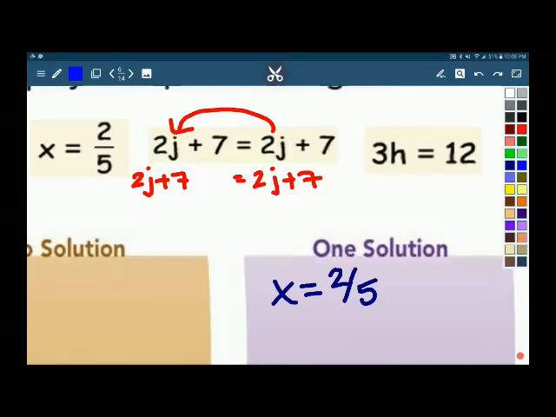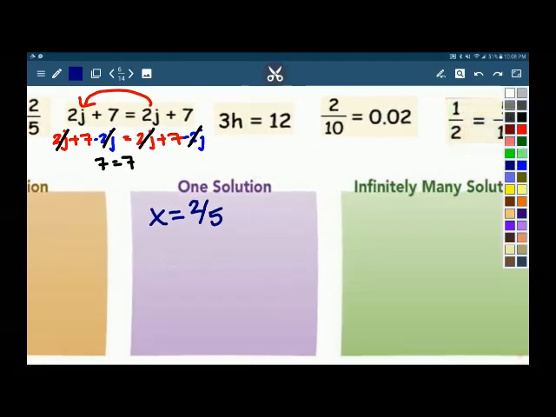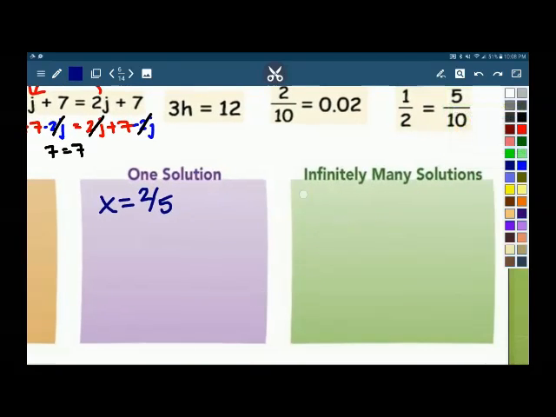And we would have to insert a negative 2j on both sides, which positive 2j and negative 2j would cancel on both sides, leaving 7 is equal to 7. Okay, that is a true statement, so that means that 2j plus 7 equals 2j plus 7 would be under the infinitely many solutions category.